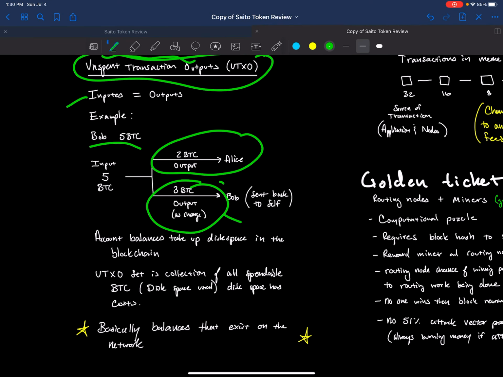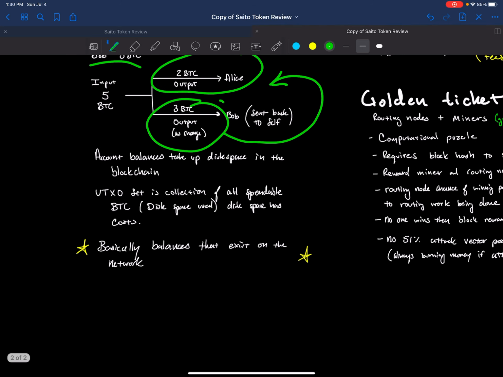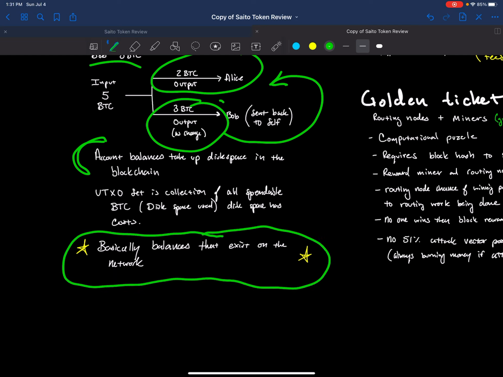The change goes back to Bob, because he only sent 2 Bitcoin to Alice, so it sends 3 back to himself. It's basically account balances. And the account balance will go down per epoch to remain on the blockchain. So basically, balances pay to exist on the network.